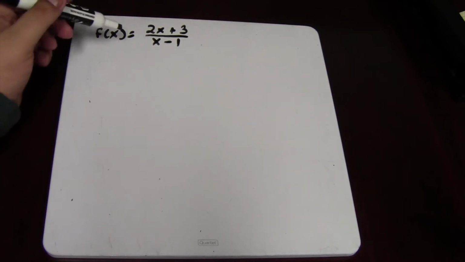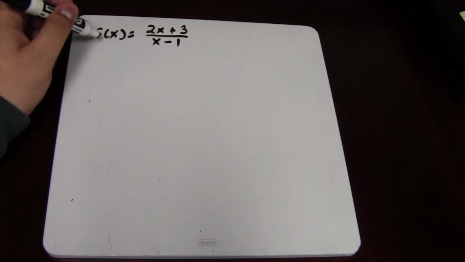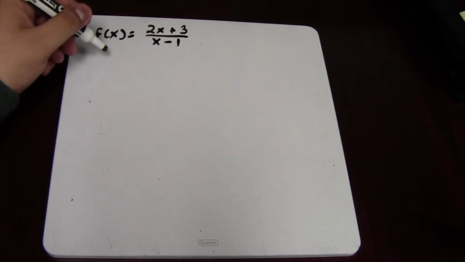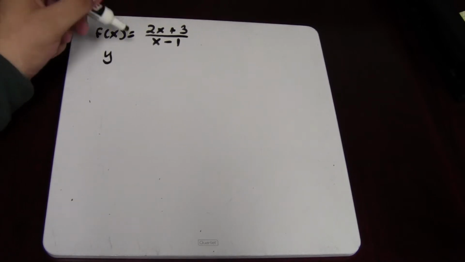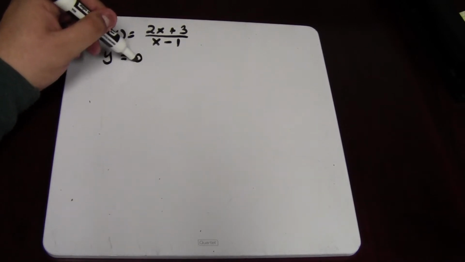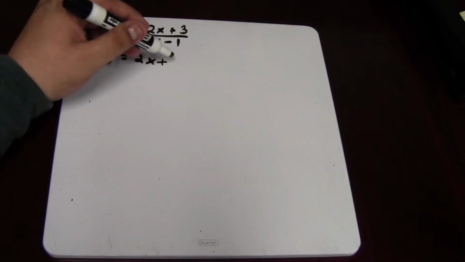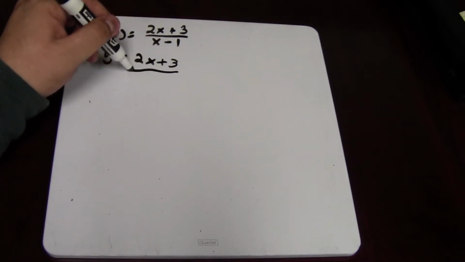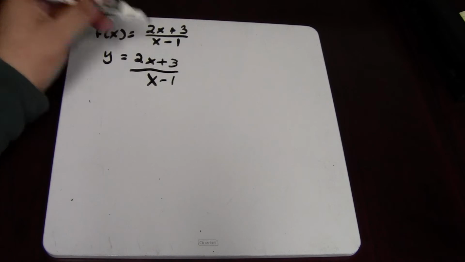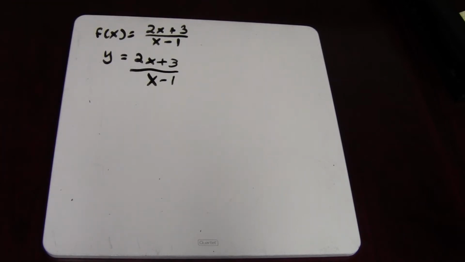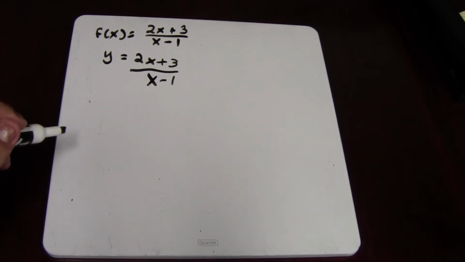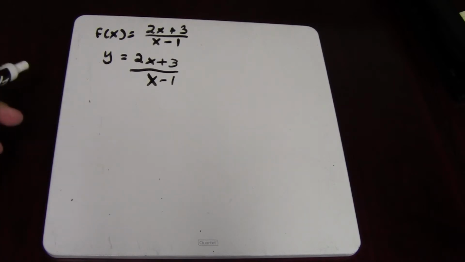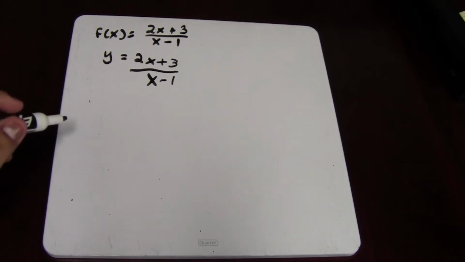Now the first thing to note is that this is step 1, replace f of x with y. So that was step 1. If you saw on the last board, we had the 4 steps. Now step 2 said to replace all the x's with y's and all the y's with x's.